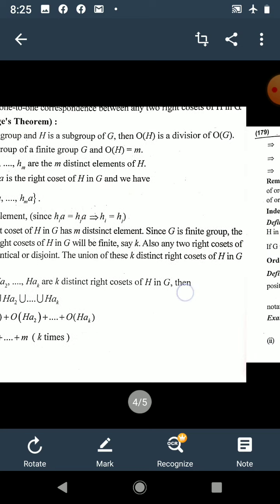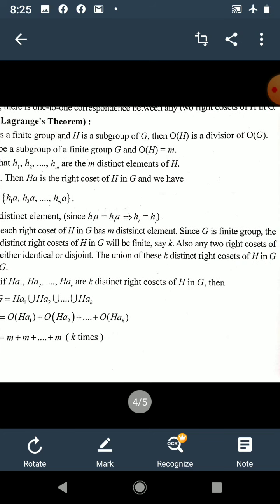given as a finite group. Therefore, the distinct right cosets of H in G will also be finite. Suppose these distinct right cosets in G are k. This is our assumption. Also, we know that two right cosets of H in G are either distinct or identical. We have seen this in the previous lemma.